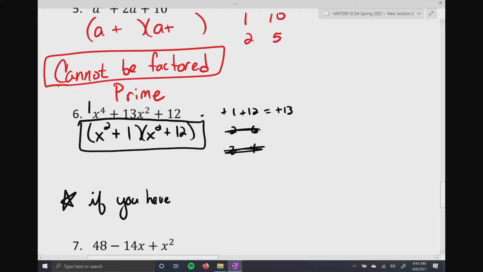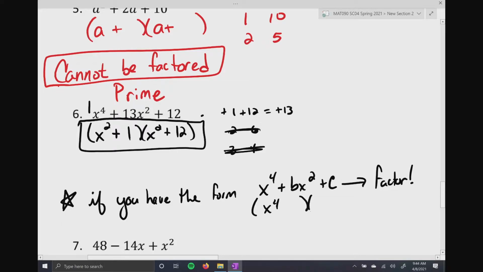Now I can give you a little note. If you have the form x to the fourth plus bx squared plus c, try to factor it.